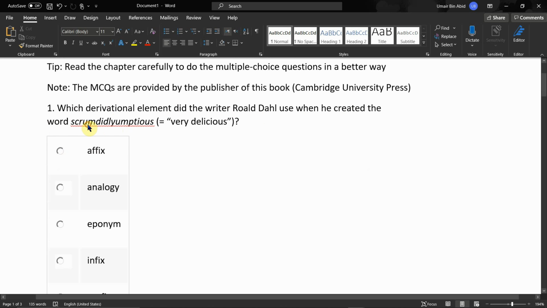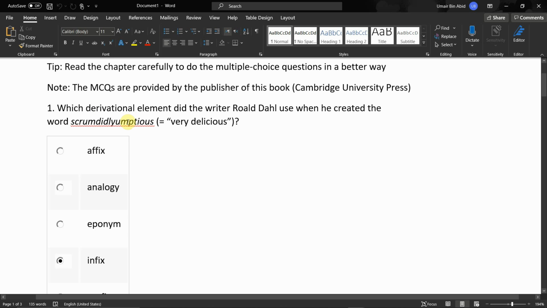We have these two elements, scrum and ptious, which are the elements of the same word, and between these two elements there is some other word which has been added. So this is an example of what we call infix, because in infix a word is broken down into different elements, and between these elements another word is added.